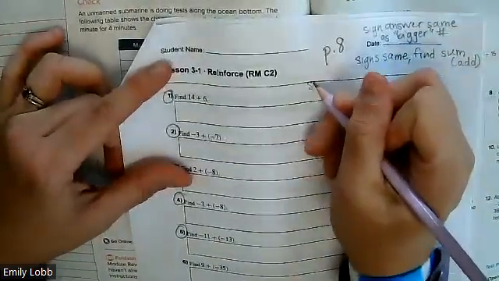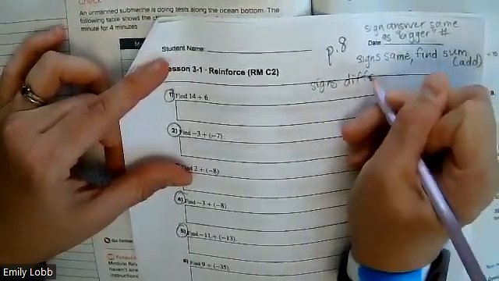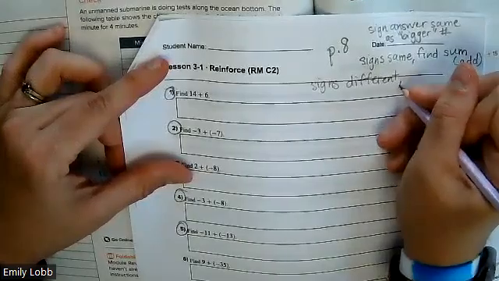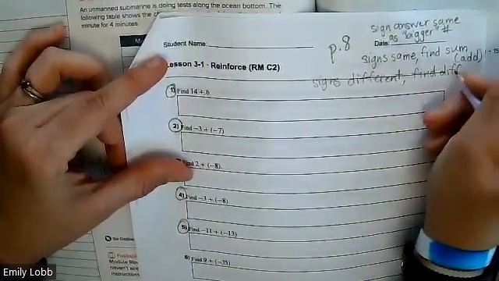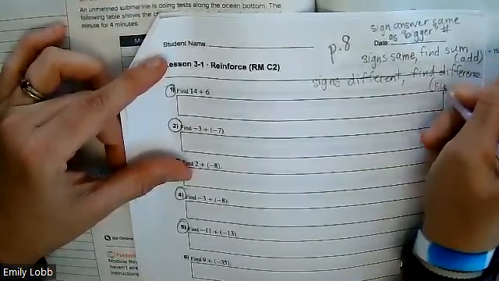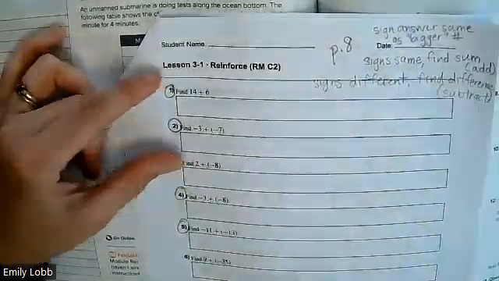Now we're looking at signs that are different, which means we have to find the difference. So we have to subtract. Remember, still, the sign of the answer is the same as the bigger number.